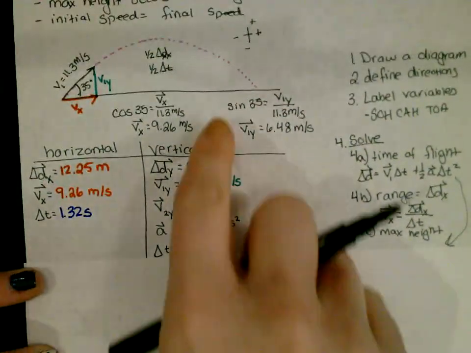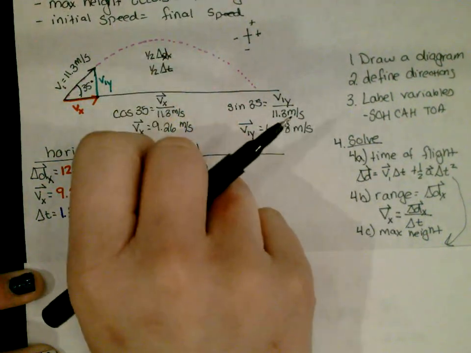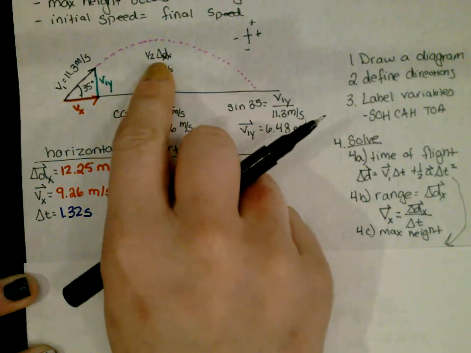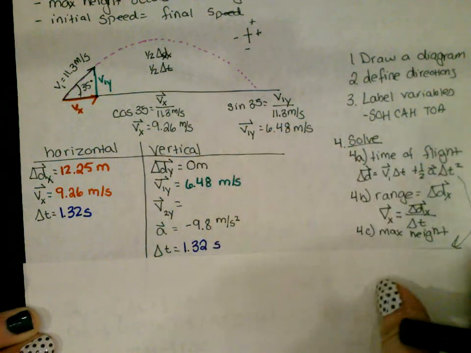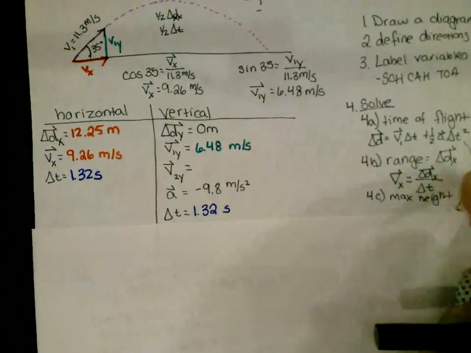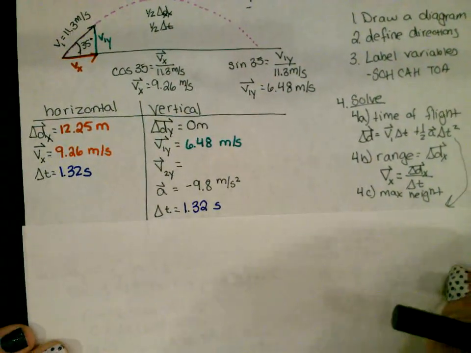All right, so at our maximum height, which is right here, our time is half. It's half of our time and half of our total range. Well, range isn't in this kinematic equation, so I'm not going to need that. But I am going to need to half my time.